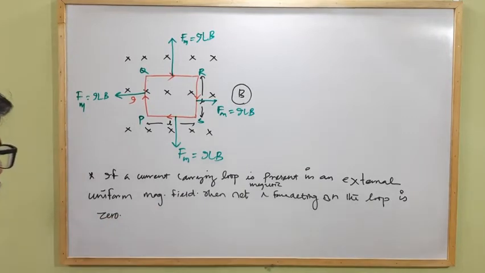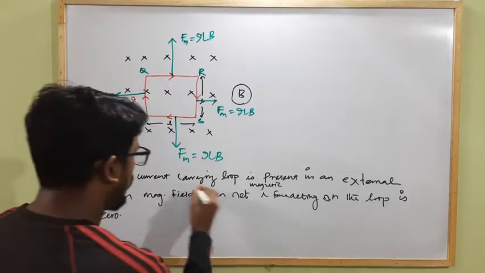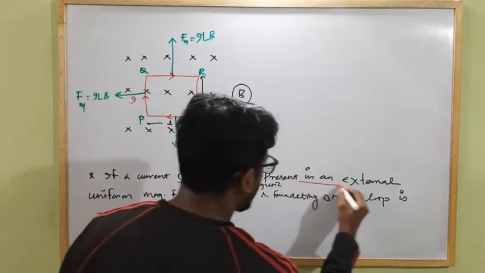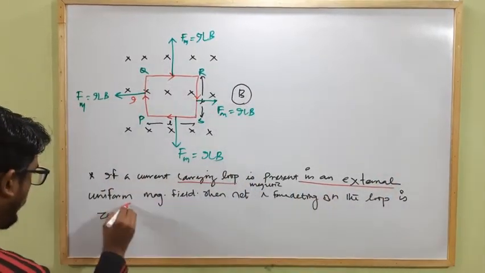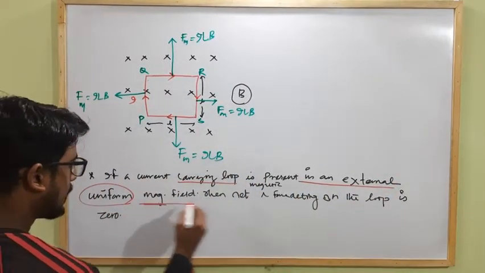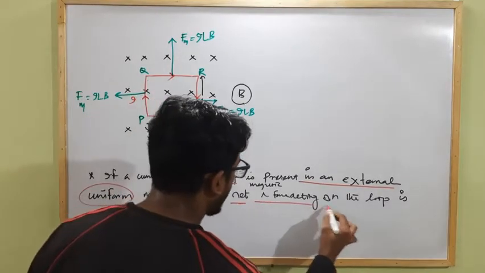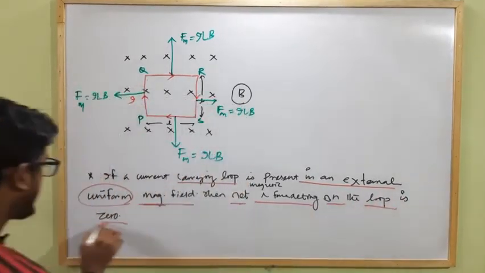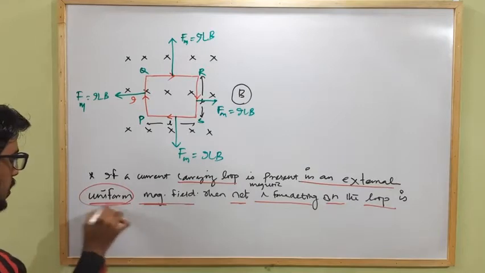You have to remember that if a current carrying loop is present in an external uniform magnetic field, then the net force acting on the loop is 0. You have to remember this factor, uniform.